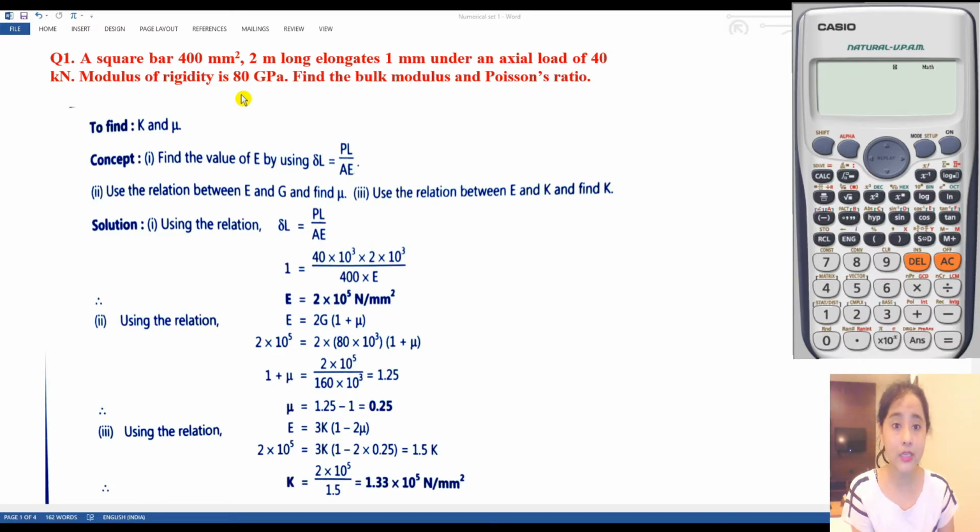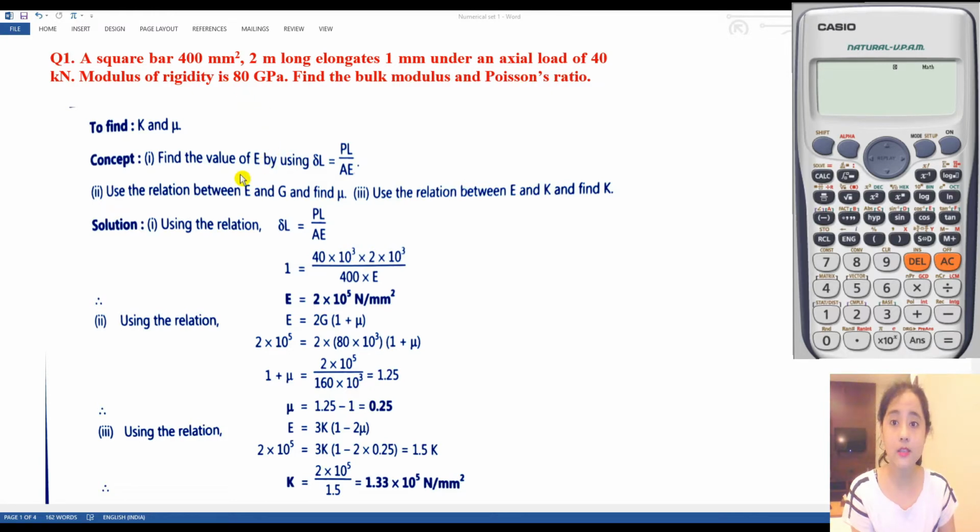Now, how do we find E? We can find E many ways, right? Young's modulus E is equal to stress by strain. Stress is equal to force by area and strain is equal to change in length by original length. We can use that formula to find E as well.